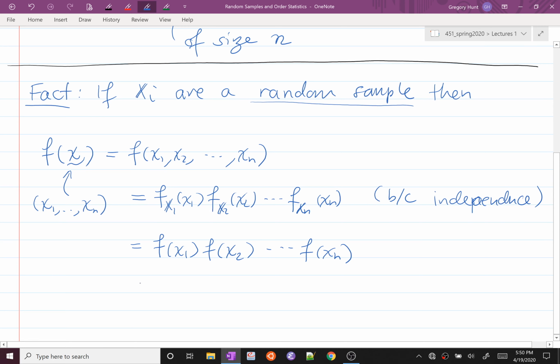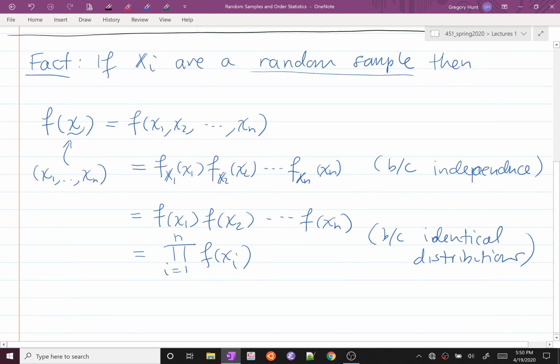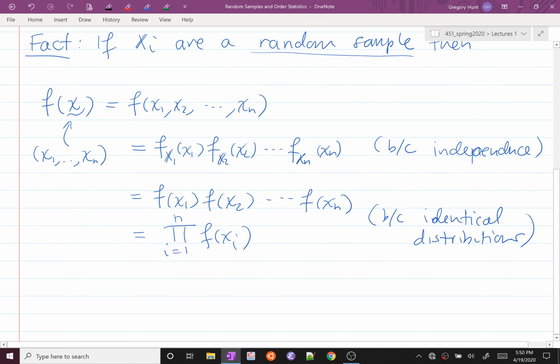And we can succinctly write this as just the product of i goes 1 to n of f of x sub i. And this follows because the random variables are identically distributed.